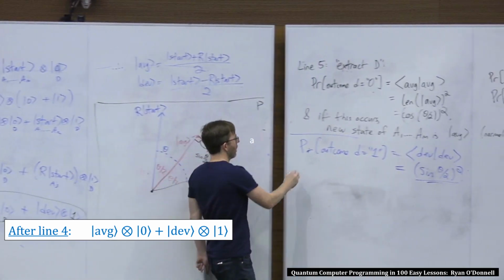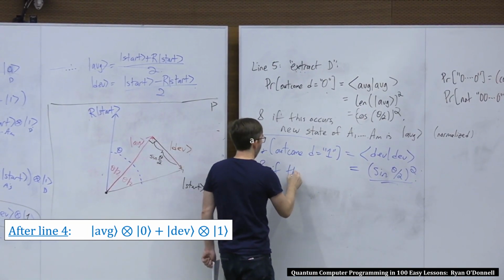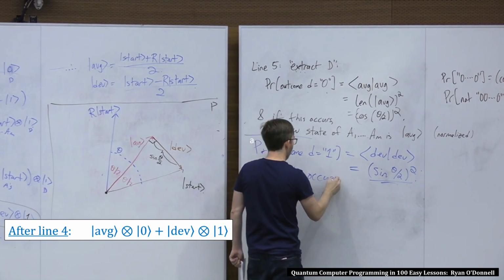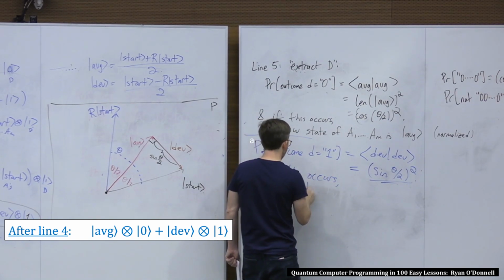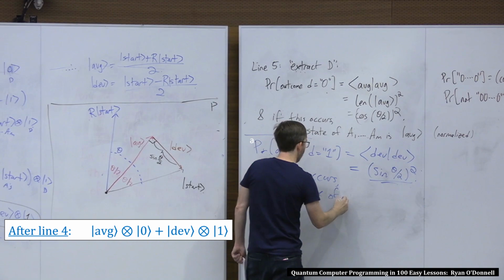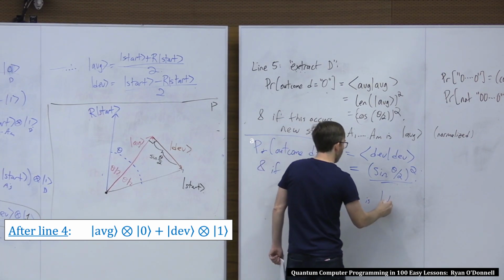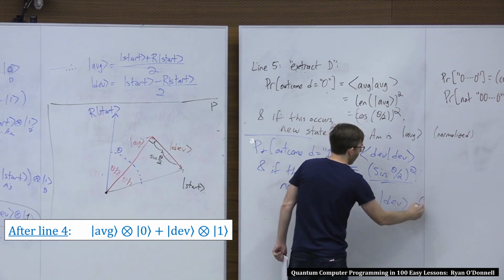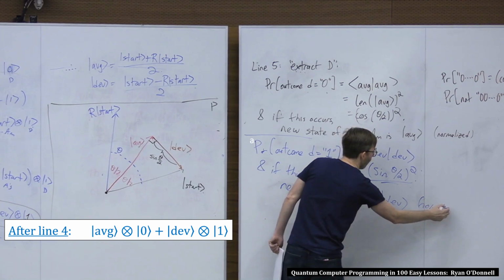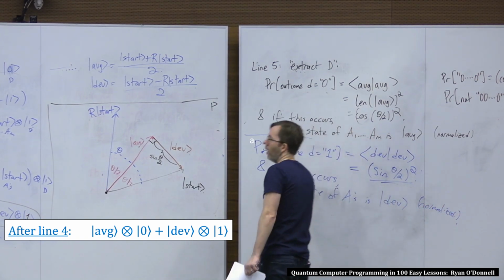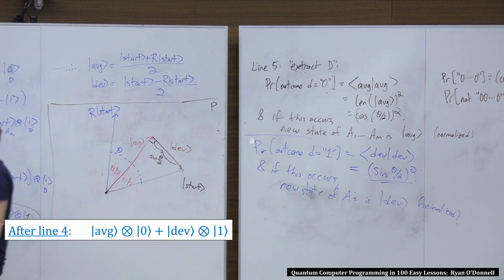And if this occurs, the new state of the A's is this div vector, again normalized. And that double checks that this occurs.